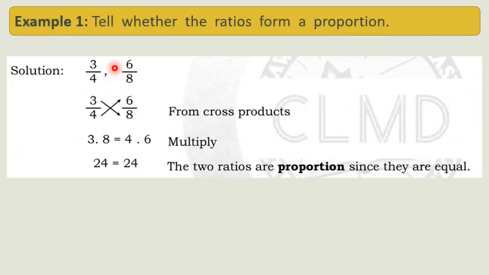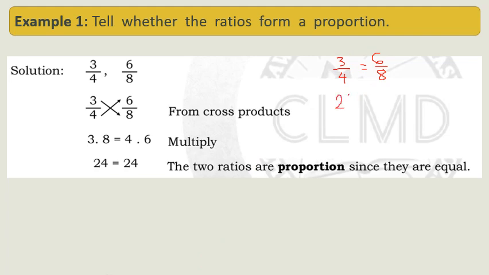For example, number 1, let us tell whether the ratios form a proportion. We have 3 is to 4 at saka 6 is to 8. Titignan natin kung siya ba ay proportion sa 6 is to 8. Ano nga uli ang una natin gagawin? We cross multiply. 3 times 8 is 24.